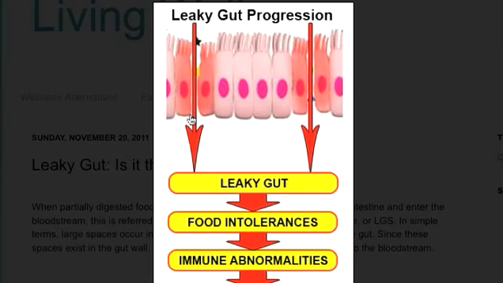And these spaces where the arrows are pointing down are the spaces between the cells, where the cells have literally loosened up and created microscopic holes that allow undigested food to leak out into the bloodstream, thus the name leaky gut. Leaky gut then moves to food intolerance. As you can see, as it moves down, it moves to immune abnormalities, and that's what we want to look at here, immune system abnormalities.